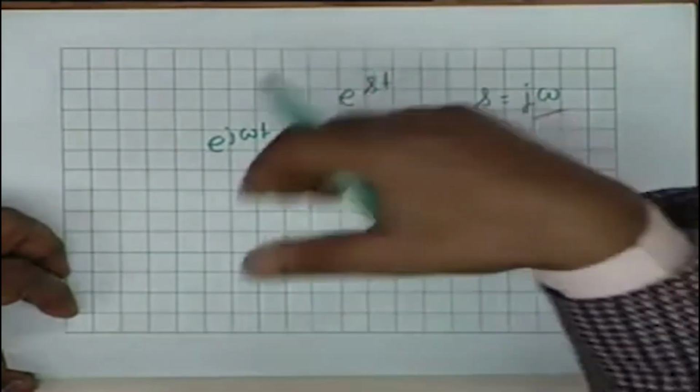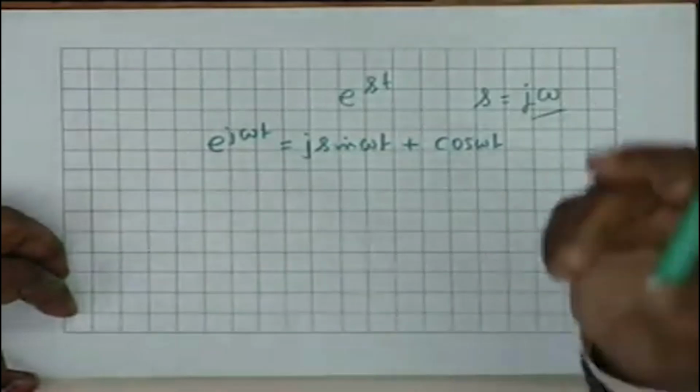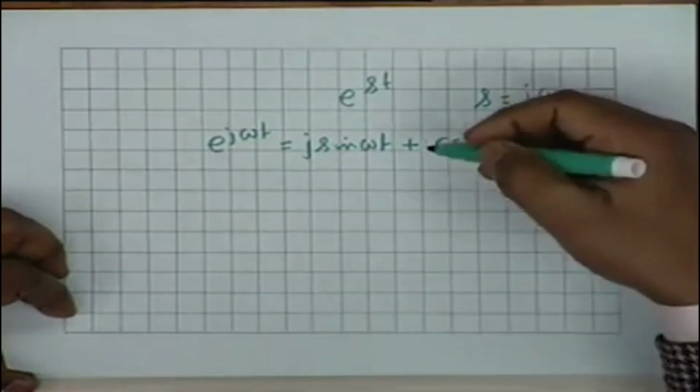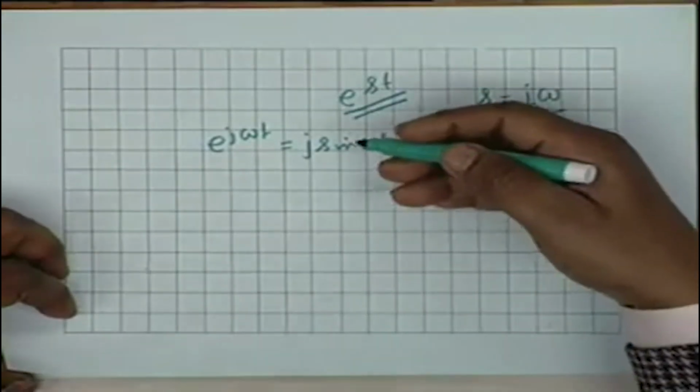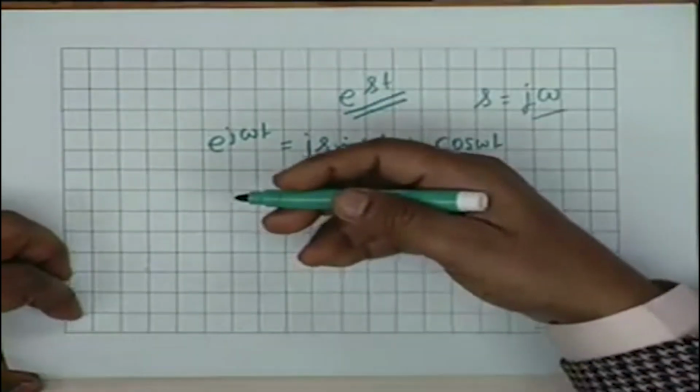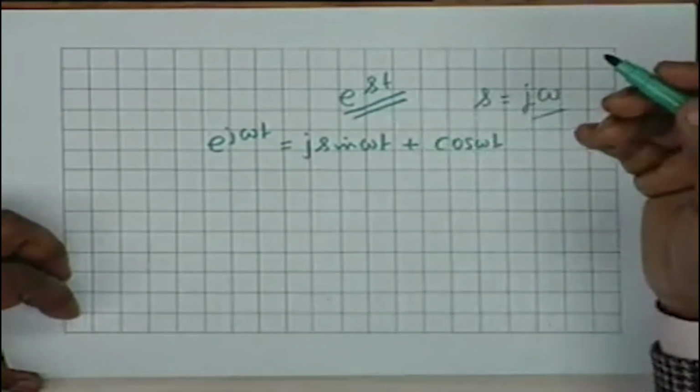Now we go the other way around, that is, we argue that if the excitation is sinusoidal, how to marry it with the concept of e to the st, that is the exponential function, or how to marry it with the concept of impedance.